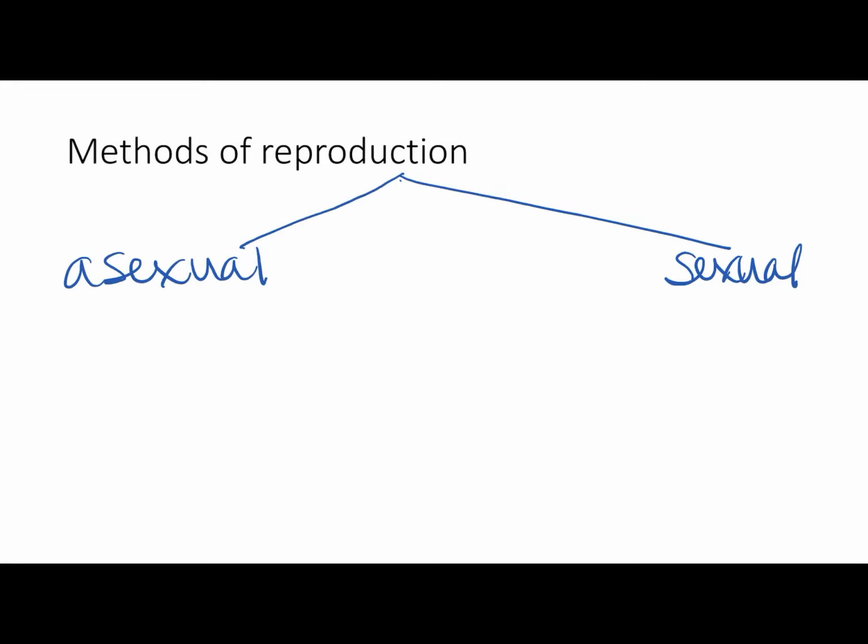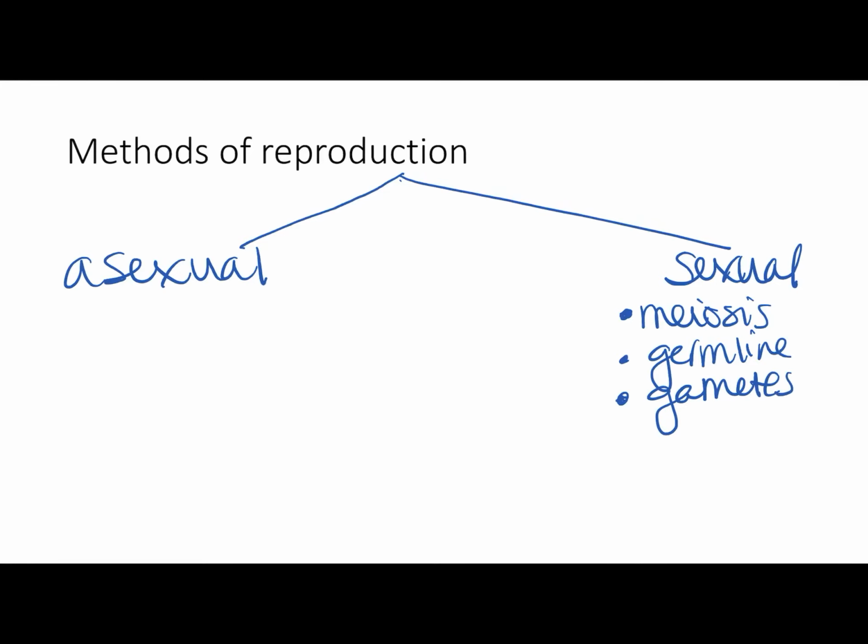Only for organisms that reproduce sexually are we talking about meiosis and germline cells and gametes. Sexual reproduction is also a method of increasing genetic variability within populations.